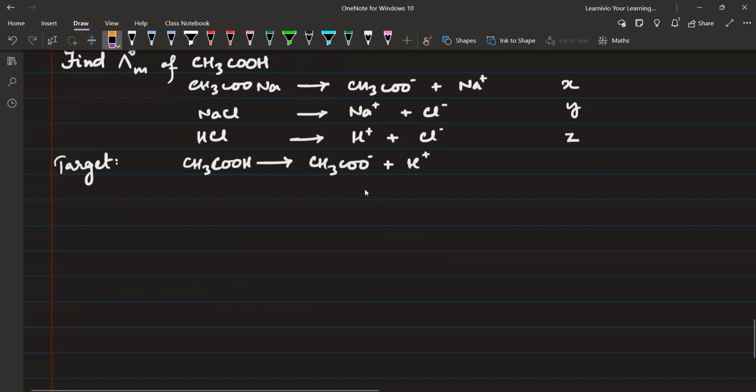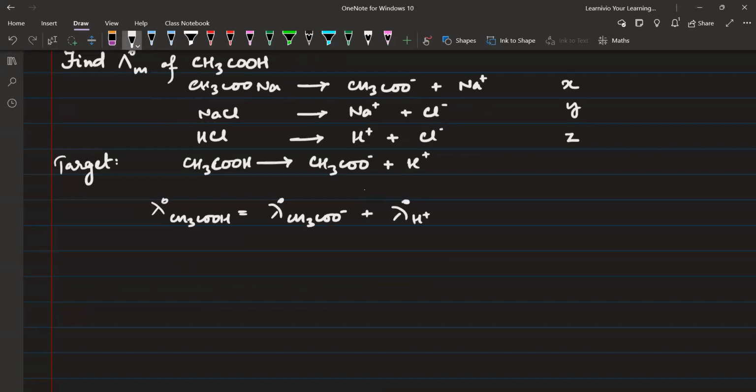Look at the product. ठीक है, this is the target. You need CH3COO negative, you know ना कि lambda naught of CH3COOH will be equal to lambda naught of CH3COO negative plus the lambda naught of H positive.